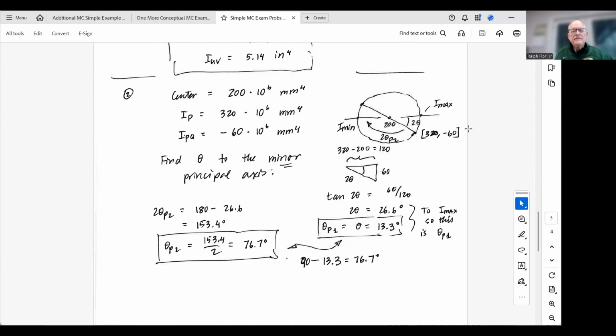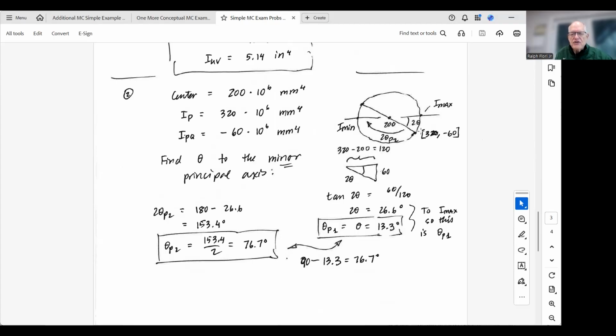You have a point IP, which is 320, to the right of the center, and minus 60, which is down here. So this is 320, minus 60. You're asked to find this large angle here, but really, you need to find the 2 theta to the Imax first.